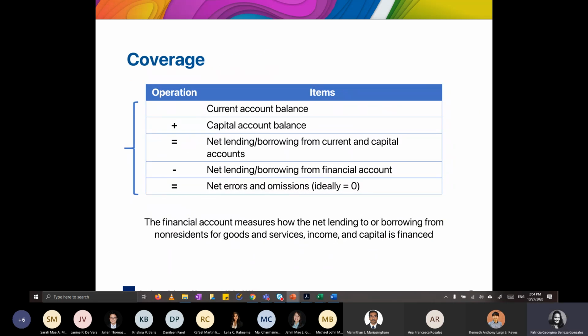It sometimes means that the recording of, for example, the capital account credits are too low or too high, or the recording of the financial assets or liabilities are either too low or too high, in such a way that it no longer matches the monetary value of the current account goods, services, and income and capital account items. So it's like you have too much money, and it doesn't correspond to any of the economic assets.